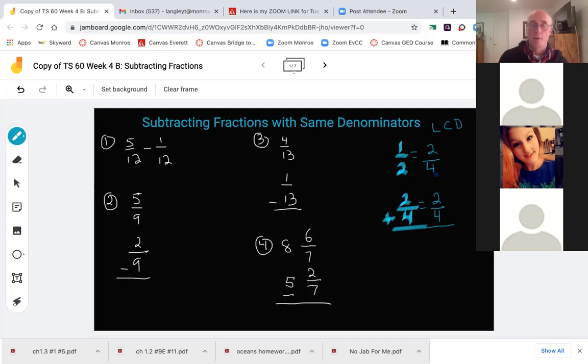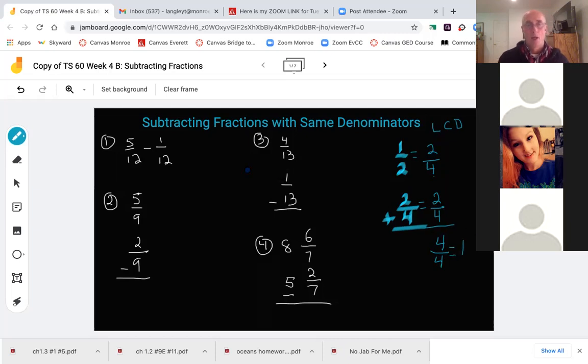But once you get the same denominator, you are ready to add or subtract. That's the rule. It's the same for both. So at this point, I can add them up and go, oh, that's 4 over 4 because 2 plus 2 is 4, and anything on top of itself equals 1. So that'd be the answer.